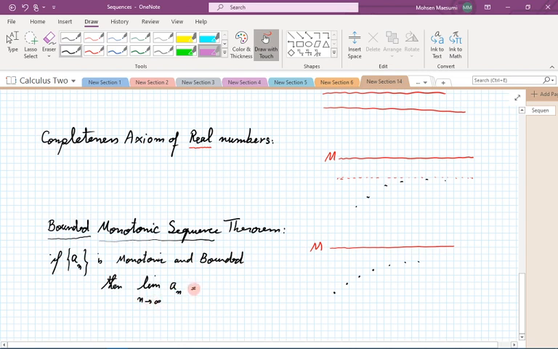So the limit, let's write exists, and it's going to be less than or equal to any upper bound that you have for your sequence.